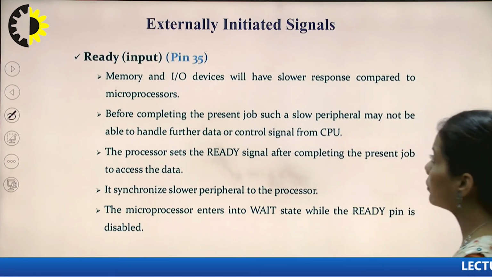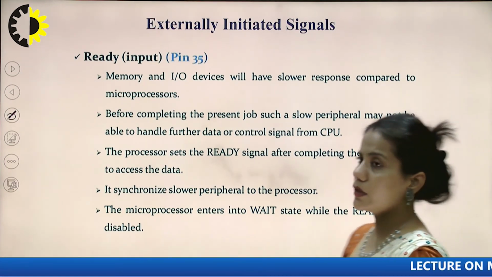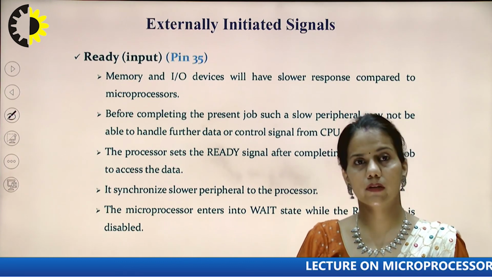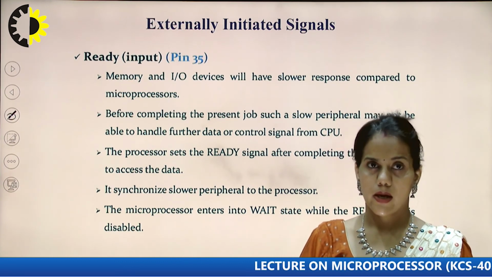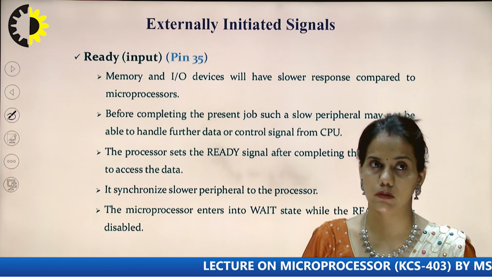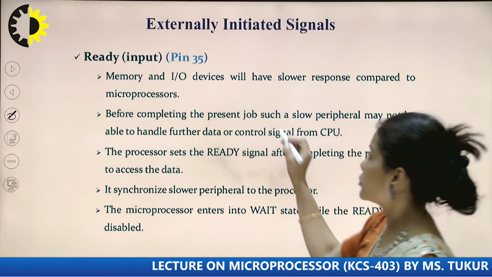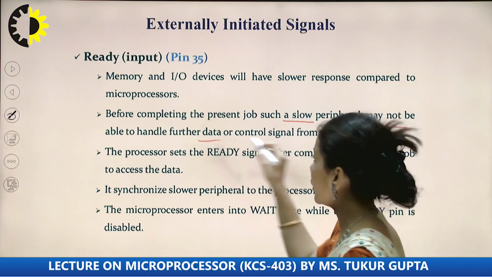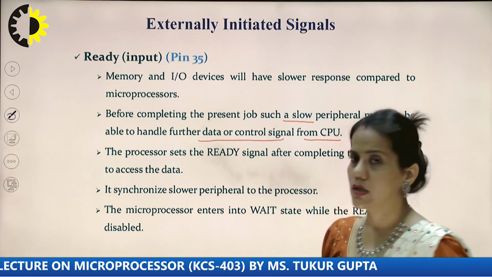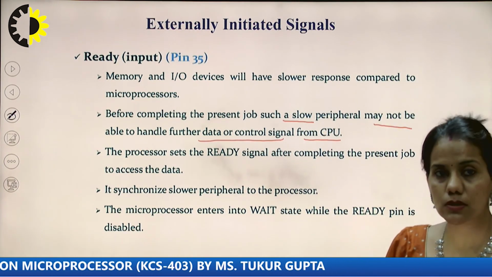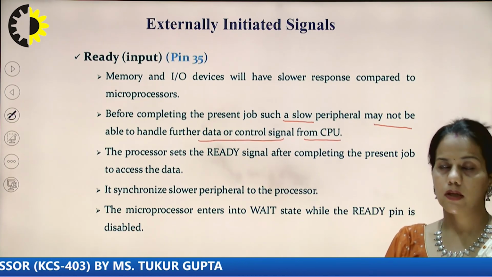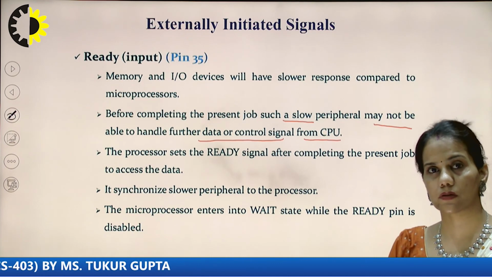Then we talk about the ready pin. When we are connecting peripheral devices with the microprocessor and those peripheral devices are slow compared to the speed of the microprocessor, then after completing the present job, such a slow peripheral may not be able to handle further data or control signals from the CPU. Then what will happen? The processor sets the ready signal after completing the present job. It synchronizes the slow peripherals to the processor.